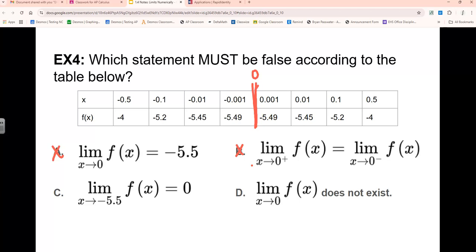So this is a trick question that I put on here on purpose. It's still a possibility this does not exist. It is a possibility that negative 5.5 equals 0. Okay, so I've put this on here on purpose as a trick question.